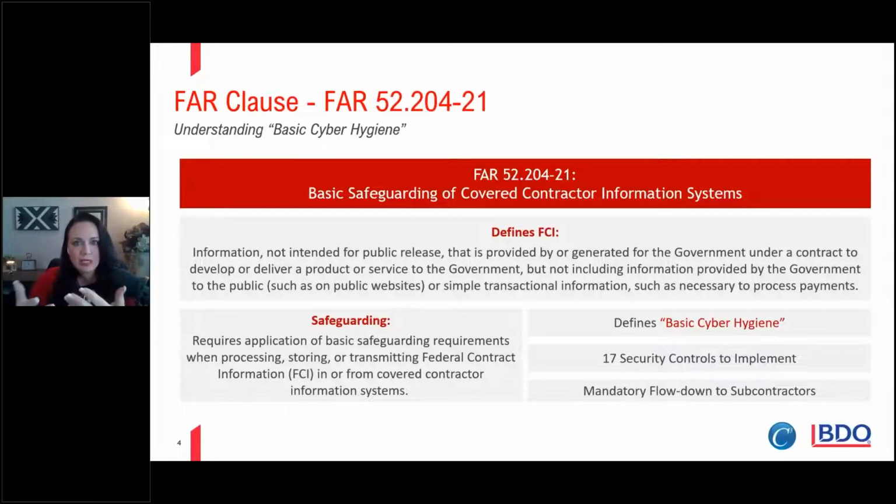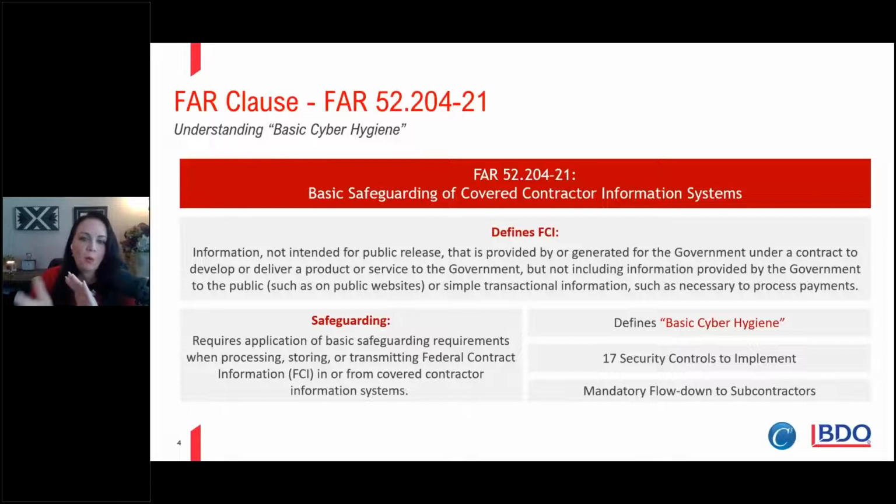A few of the interesting things you need to know about defining federal contract information is that this FAR clause lays down not only a definition of FCI, but it actually tells you how to safeguard that lowest threshold of data that we expect all defense and federal contractors to meet as a minimum foundational layer of security.